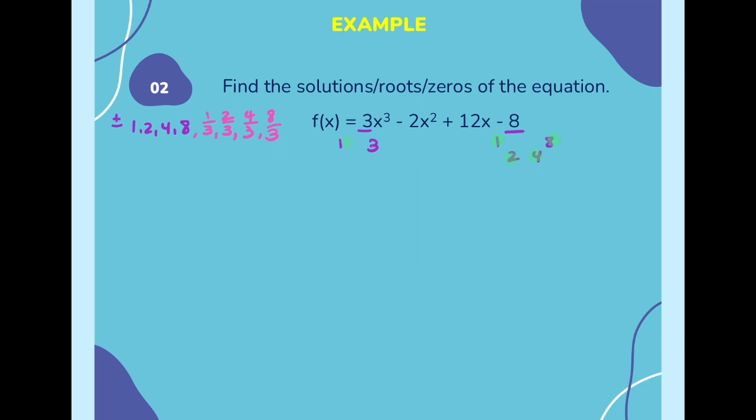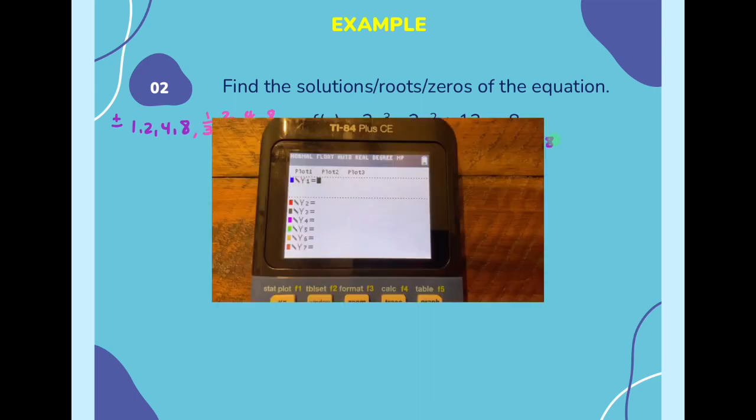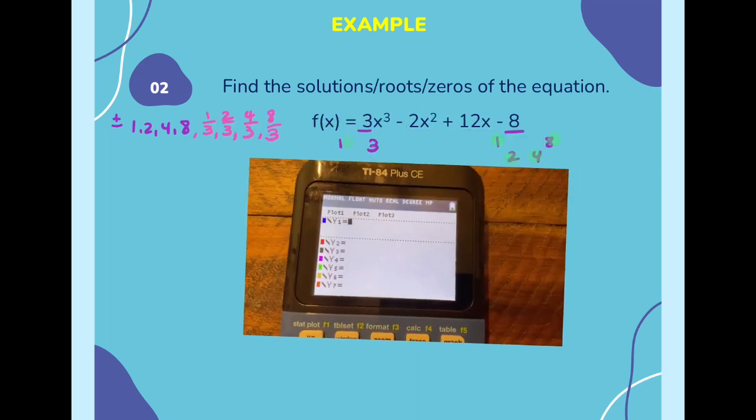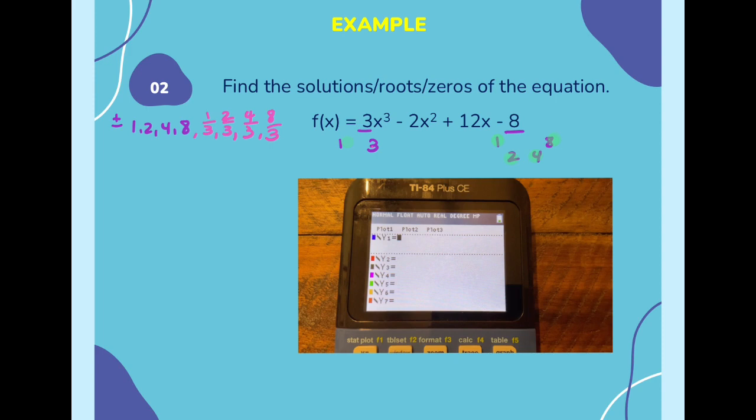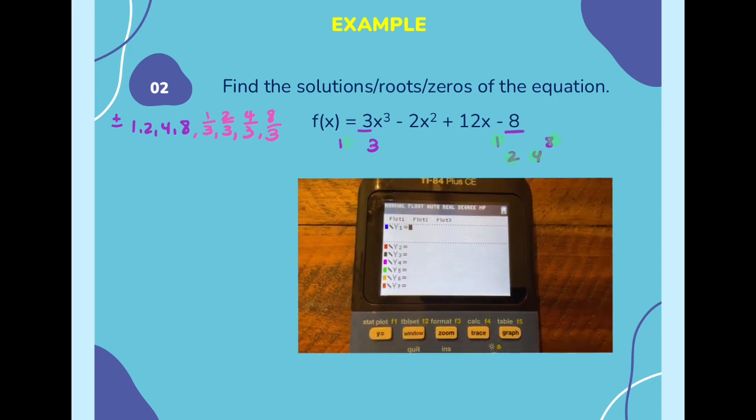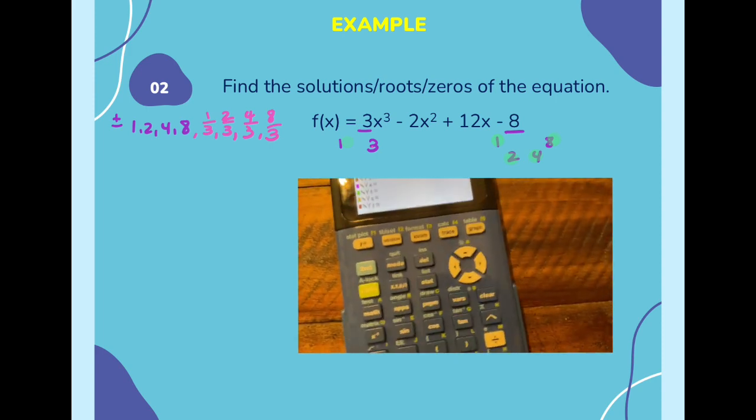Now we're going to use the graphing utility to graph that one. I'm clearing out the old y, and I'm typing in the new one.